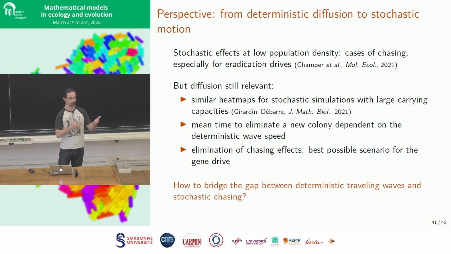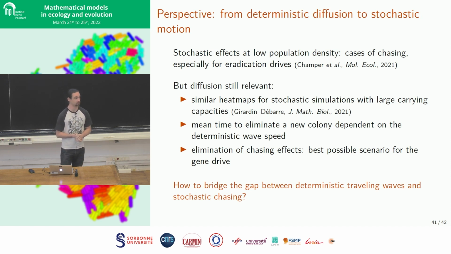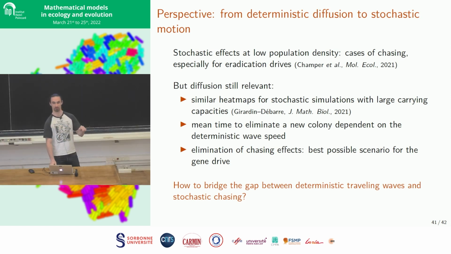And so it gives you a kind of lower estimate on what you might want to estimate. And so, in my opinion, it is a very interesting perspective to try to bridge the gap between these deterministic traveling waves that I presented and the stochastic chasing effect that Philippe presented yesterday. But I have no clue on how to do it.